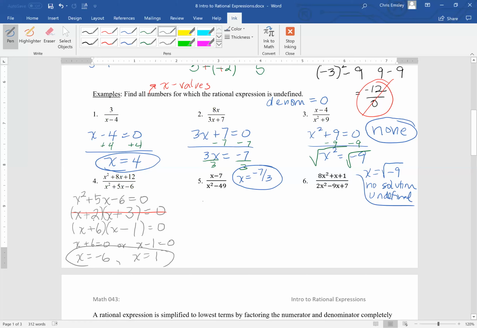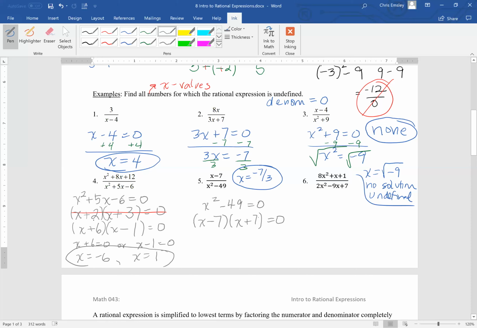Okay, number 5, take that denominator, set it equal to 0. Again, we'll try to factor because this is a quadratic. It's got an x squared in it. And this is one of our special factoring formulas you should recognize. This is the difference of 2 squares. So it factors into x minus 7 times x plus 7.